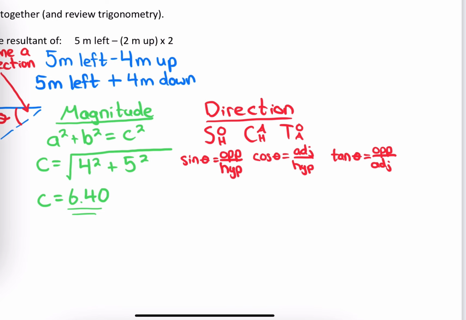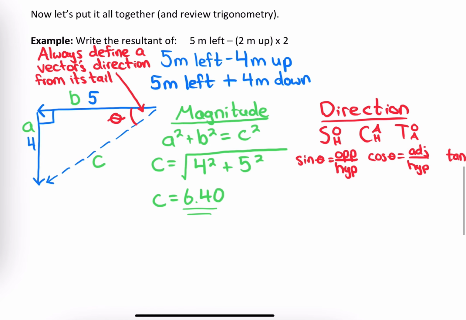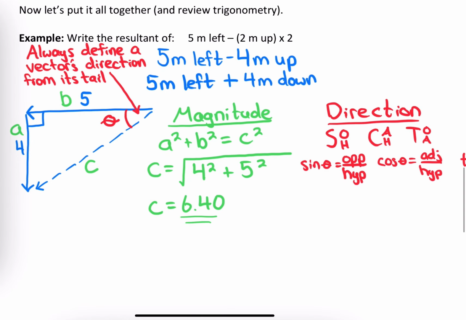So let's have a look over here at our angle we're trying to find. First of all, it might be worth figuring out which side is the opposite, which side is the hypotenuse, and which side is the adjacent. So the hypotenuse side we already identified as C. That's my hypotenuse. It's the side that's opposite the right angle.